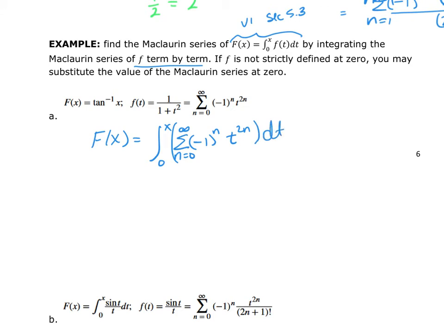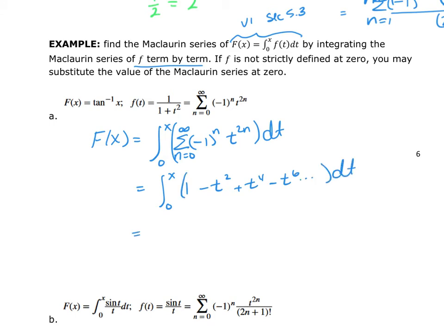Now, we know what this is going to be based on our previous integrations, I think it was 6.2 maybe. But we're going to do it term by term because that's what they're asking us to do. This is from 0 to x. Putting in 0 into this series, I get 1, then minus t squared, plus t to the 4th, minus t to the 6th, and you're kind of seeing the pattern here, dt.